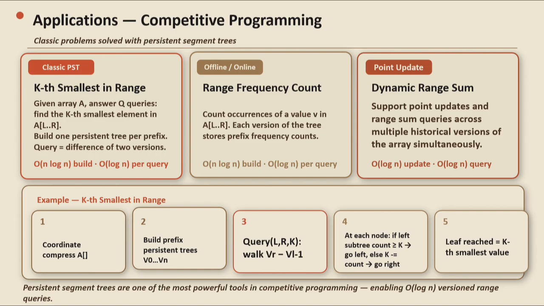To answer a query, you just take the difference between two versions, with O(n log n) build time and O(log n) per query, which is essentially optimal. The same technique handles range frequency counting and dynamic range sum queries across multiple historical versions of an array simultaneously. Persistent segment trees are one of the sharpest tools in competitive programming.